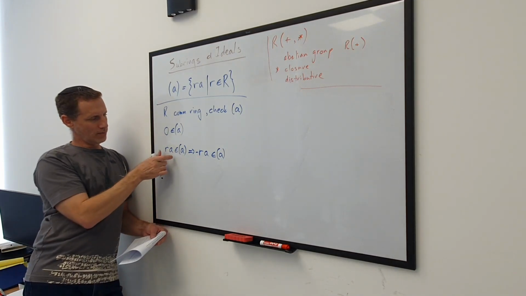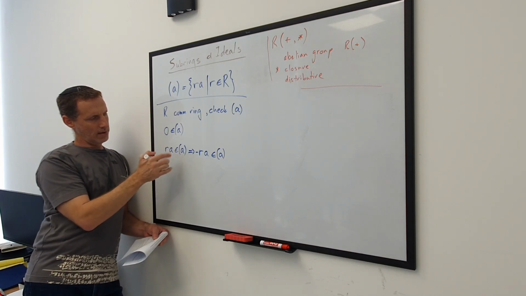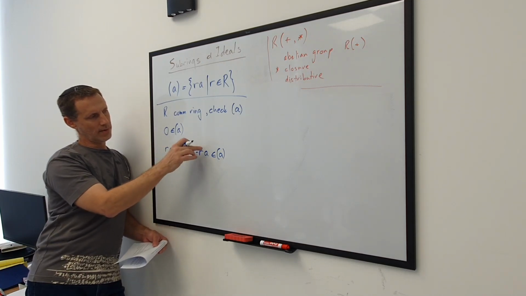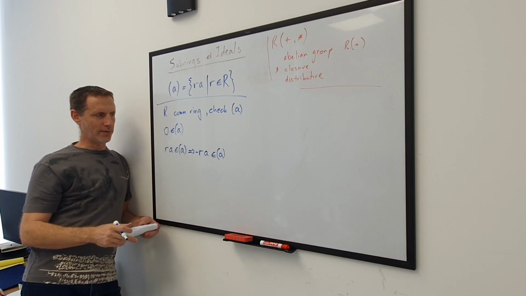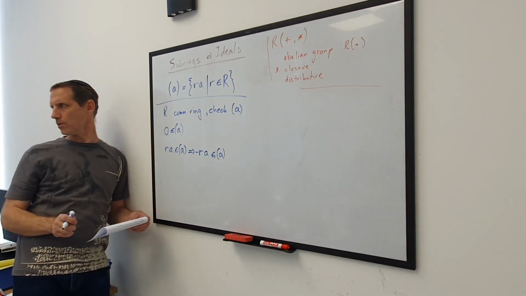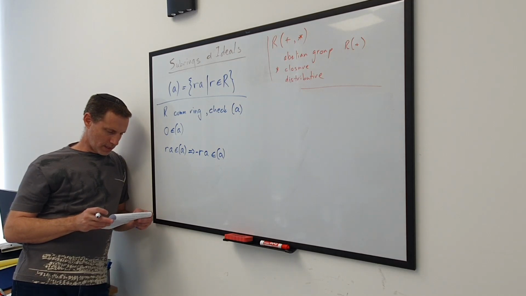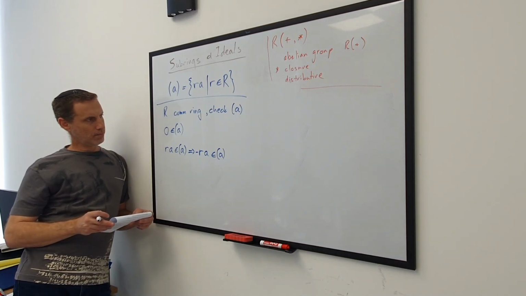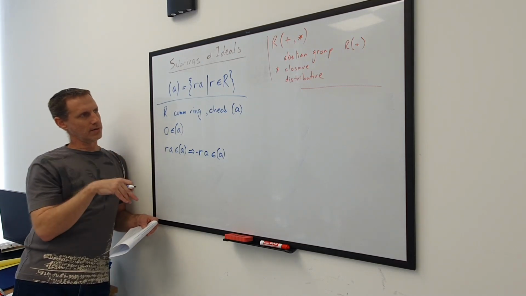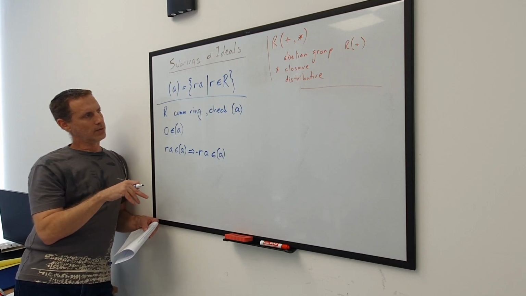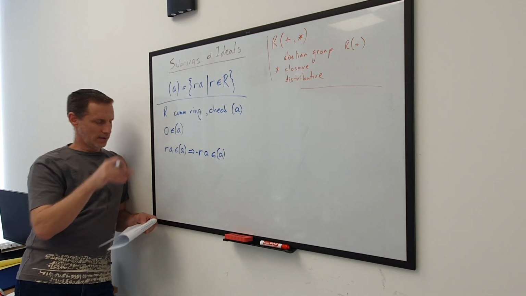So then since ra is some element, minus ra, just playing around with associativity, we can show that it's got the inverses. So it's an additive group, and it's commutative, it's abelian.